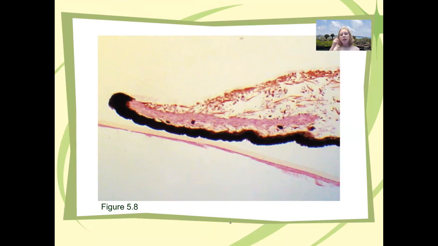This is a histological image of the iris. And again, just to orient you, the cornea would be up here. This is the lens here. So you can see the anterior border layer.